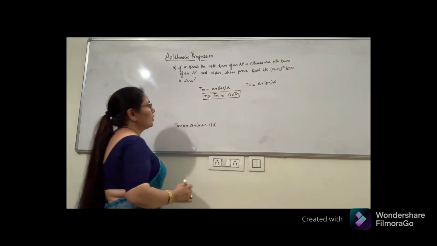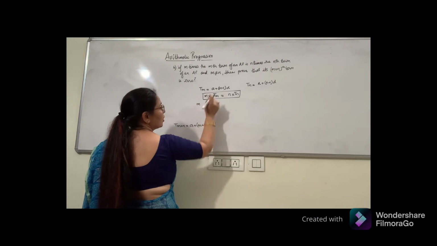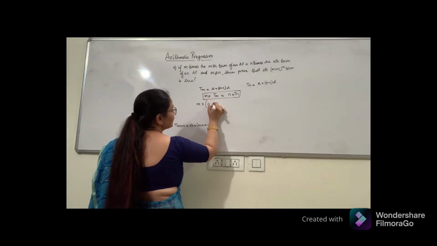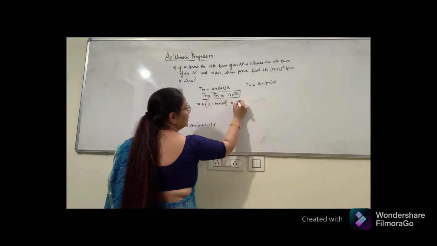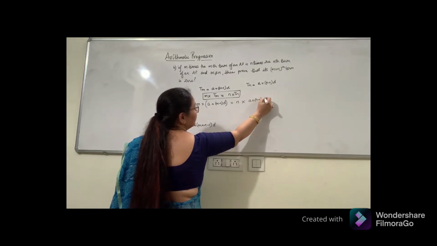Putting the values of Tm and Tn in this: m into (A plus (m minus 1)D) equals n into (A plus (n minus 1)D).